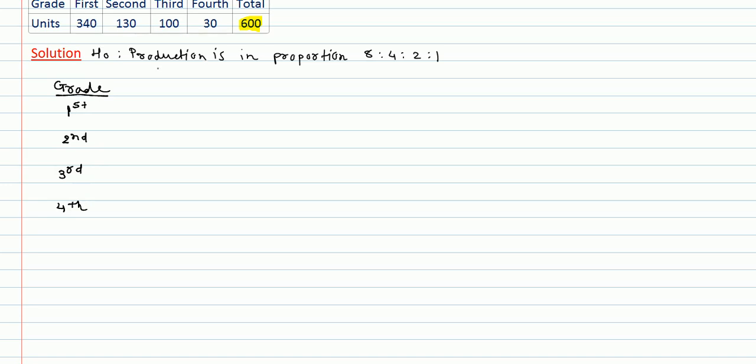Okay. Now, after this, we have to write OI. OI means observed units. Observed units are given here: 340 for first grade, then 130, after this 100 and 30.